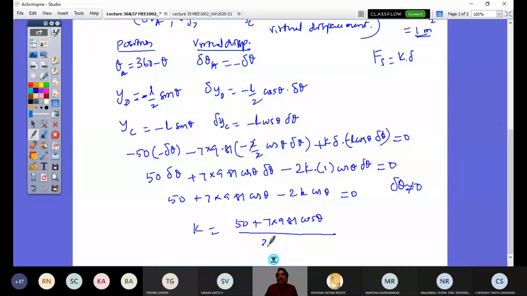If I substitute theta equals 30 degrees for the given orientation in the problem, I would get the k value as 63.2 Newton per meter. That's all. So this is how one can solve this problem, right? And this method followed is called the virtual work method.